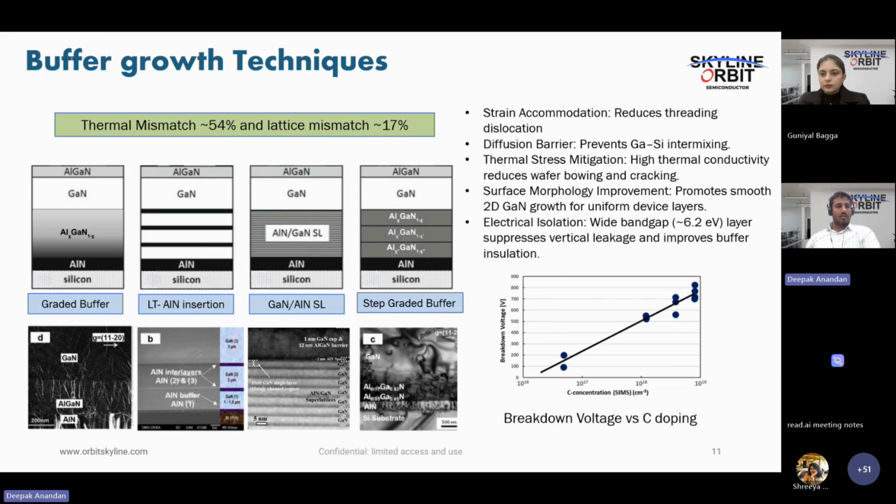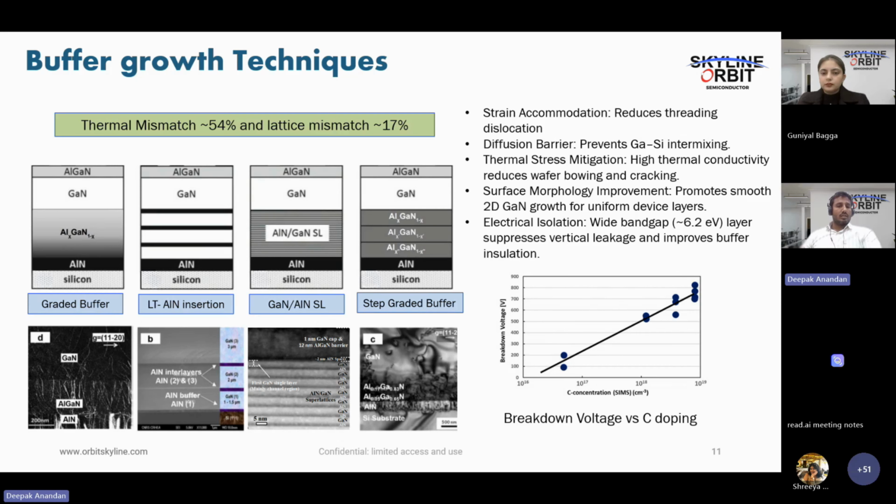This aluminum nitride nucleation layer will not only help accommodate the strain, but also help you avoid cracking and bowing, because the gallium nitride growth temperature is pretty high, anything above 1000 degrees Celsius. At that temperature, the silicon substrate will start to bow, especially when you are dealing with a 4-inch, 6-inch or 8-inch substrate.